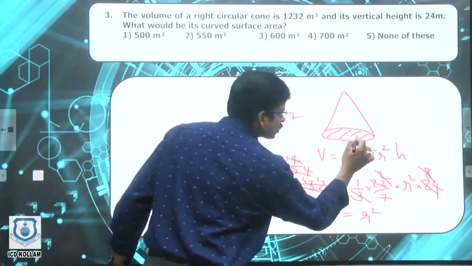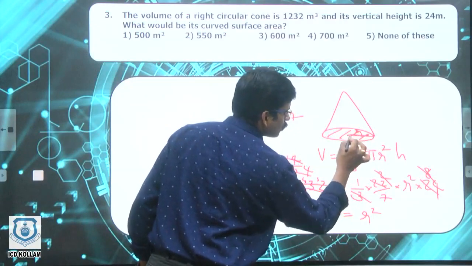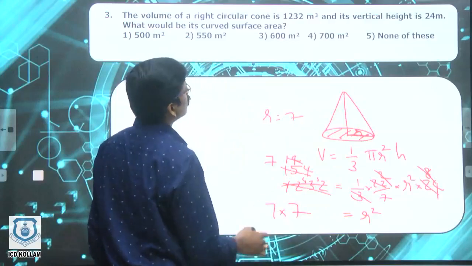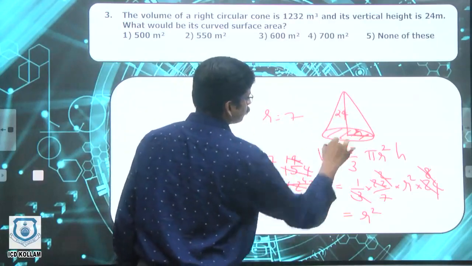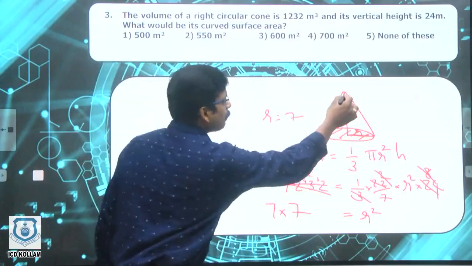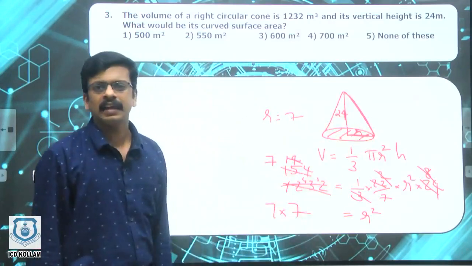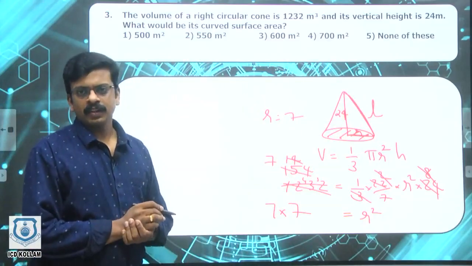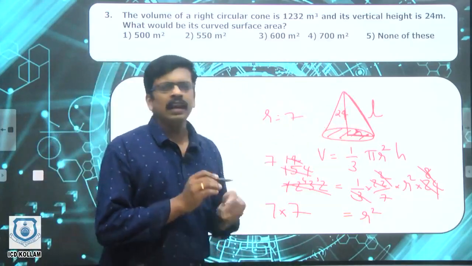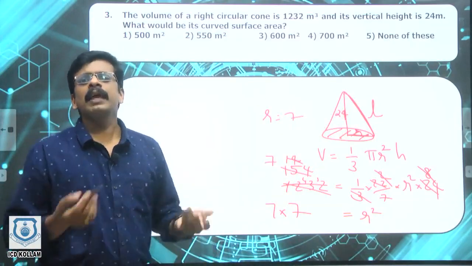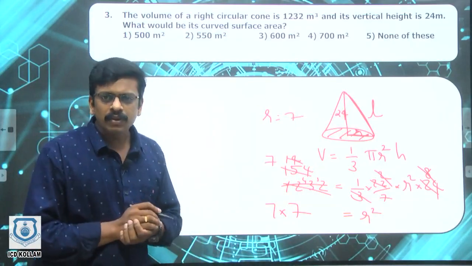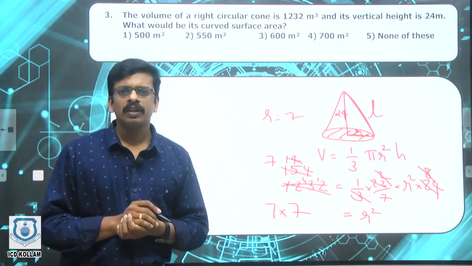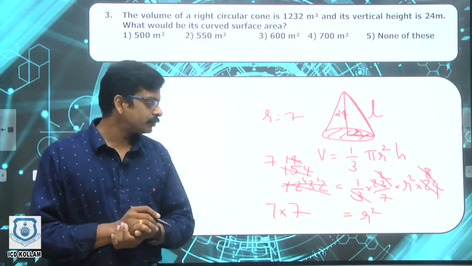Now this portion is r, and this portion is known, which is h as 24. Its hypotenuse will be the slant height named L. If you want to find that L, you can apply the Pythagoras theorem: base square plus altitude square is equal to hypotenuse square.